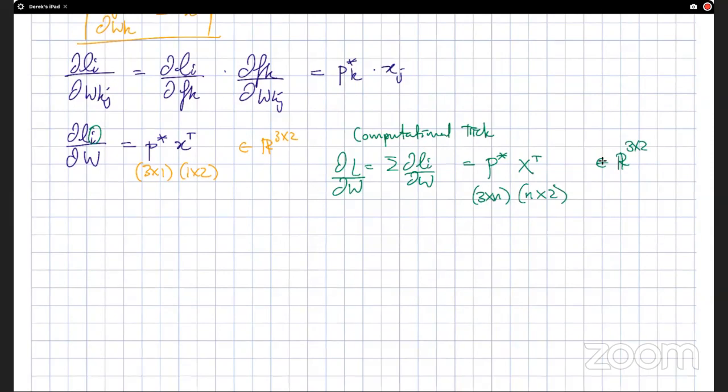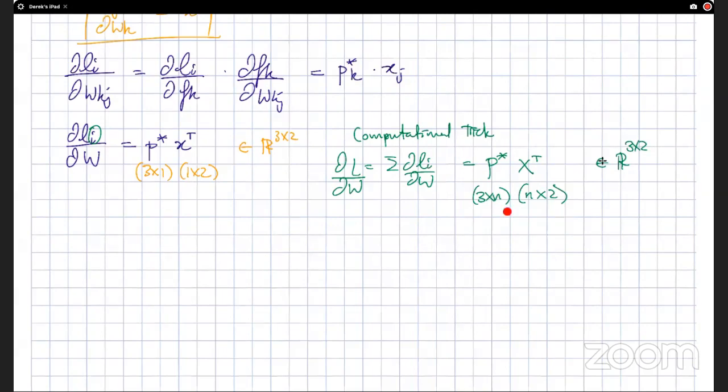I have n data points, so I can just keep doing this. If I were to do this across all of them, if I were to take a sum, it may not be that obvious, but the way you can tell that it works out is that if I put an n here and an n here, these two n's cancel out.